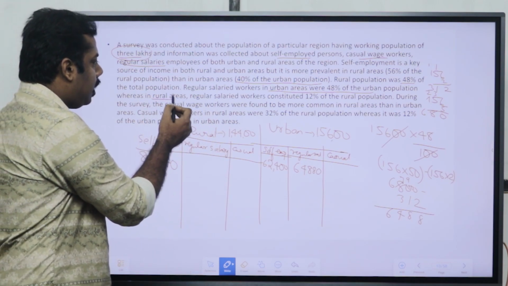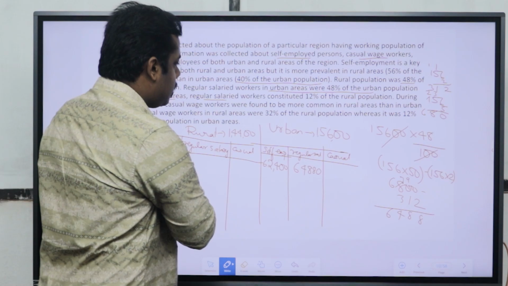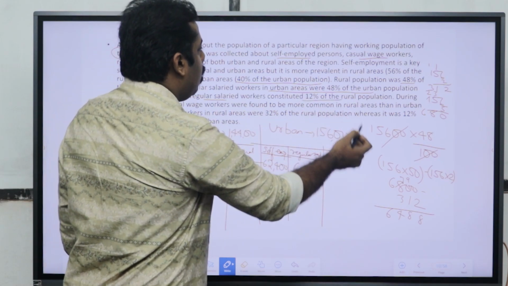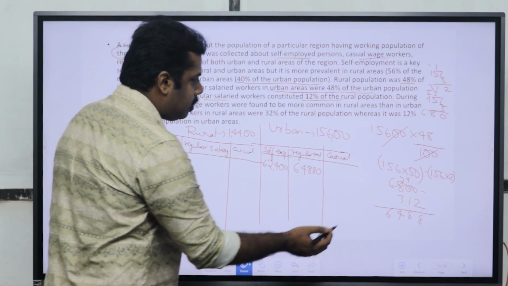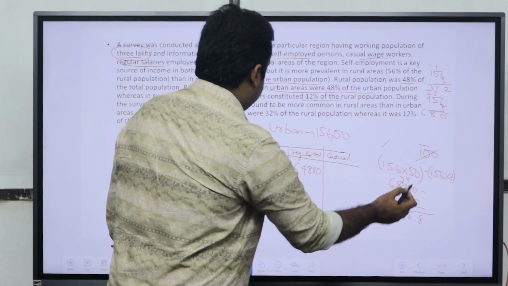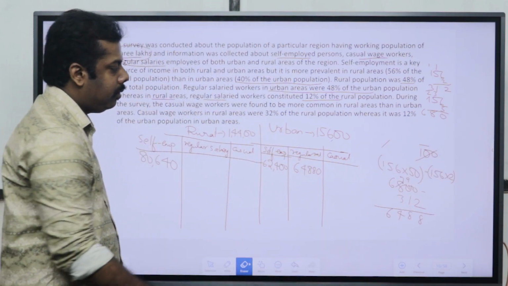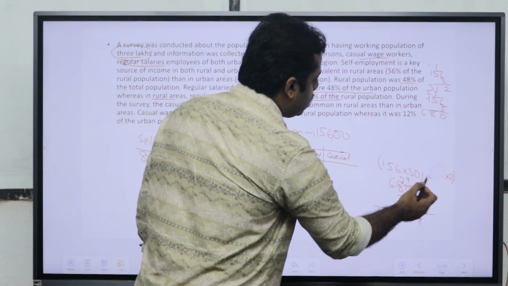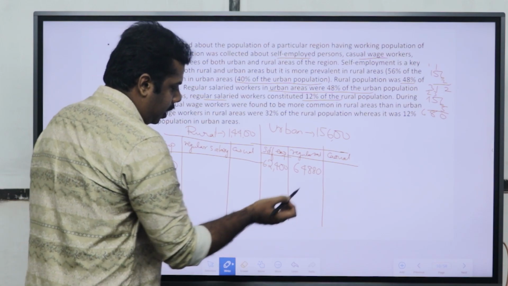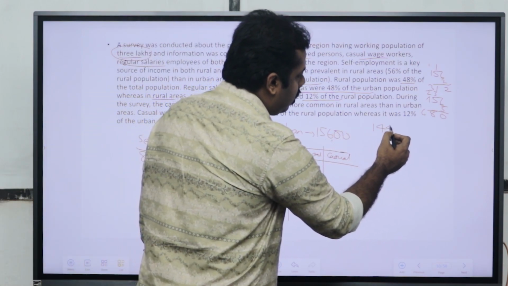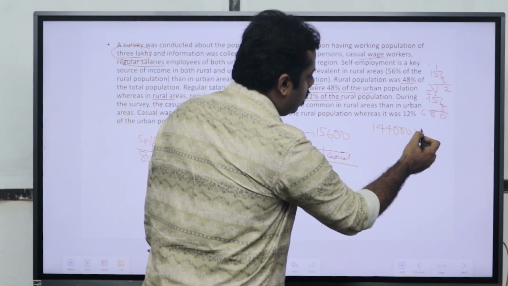Now in the case of rural areas, they have told us that the regular salaried persons are only 12% of the urban population. Now we know the urban population is 1,44,000, and we have to find 12% of that.